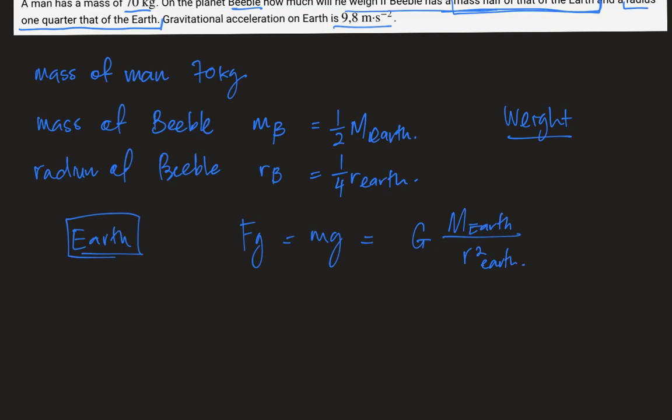So I know that this person is 70 times 9.8, which is 686 newtons. 686 newtons. That's his situation on Earth. We now need to have a look at what's happening on Beeble.